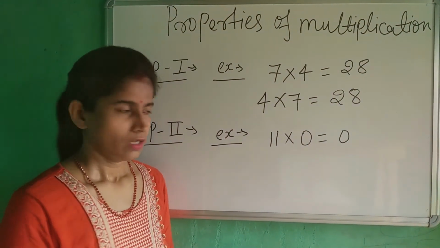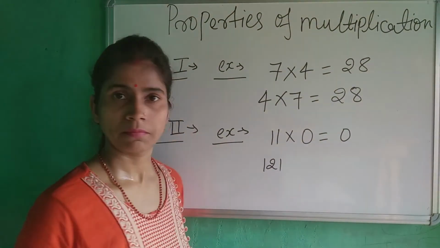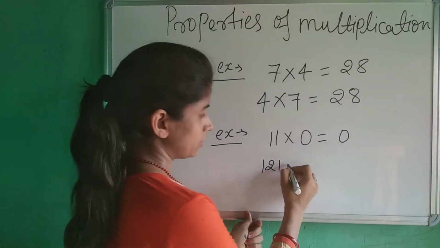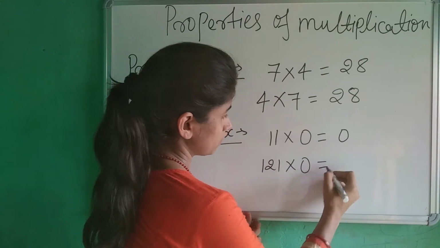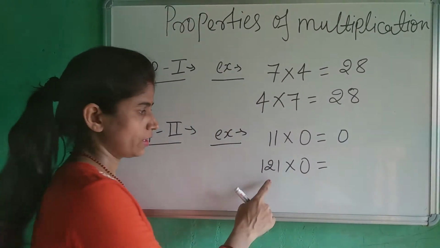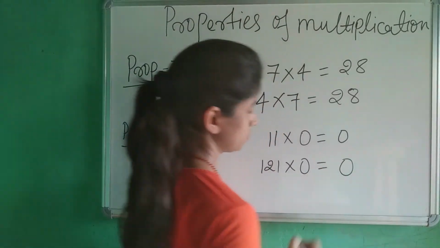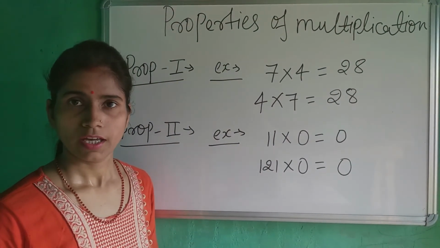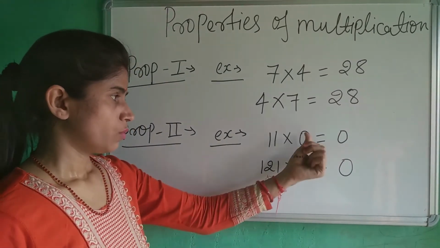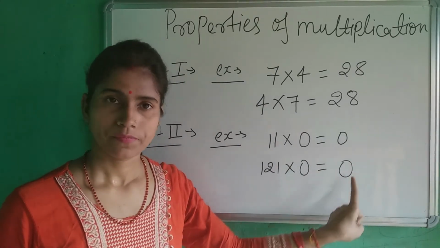Next, any other? Like 121, if I am taking, what will you get after multiplication with 0? So when you multiply with 0, you will get 0. So this is the property. When you multiply any number with 0, you will get 0.